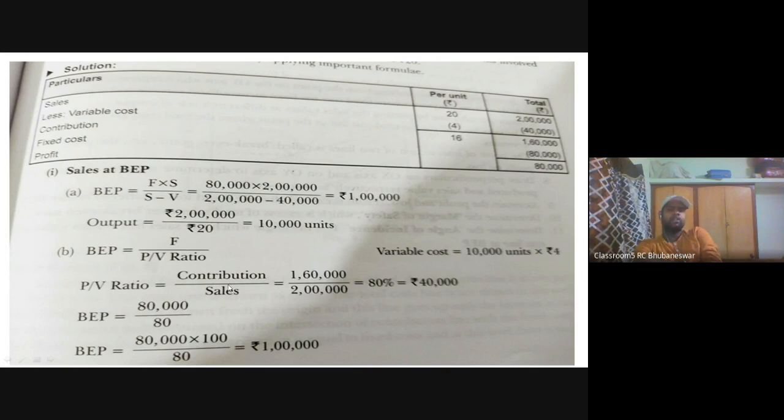Contribution by sales. So contribution is here 1 lakh 60 divided by sales is 2 lakh. So 1 lakh 60 by 2 lakh means 80%. Okay. So here BEP is equal to 80,000 divided by 80%. Okay, it is coming 1 lakh.